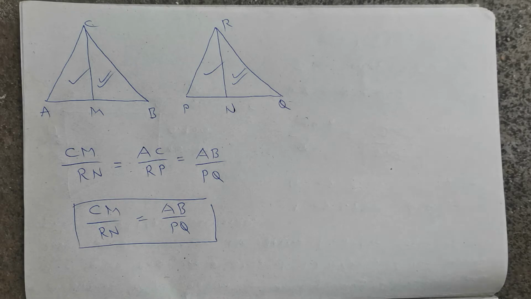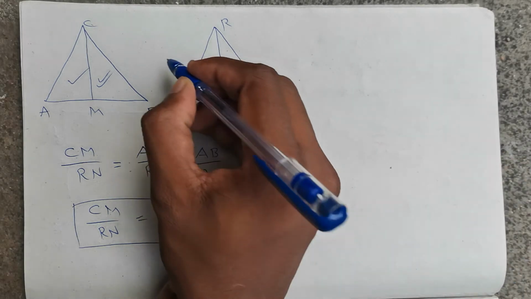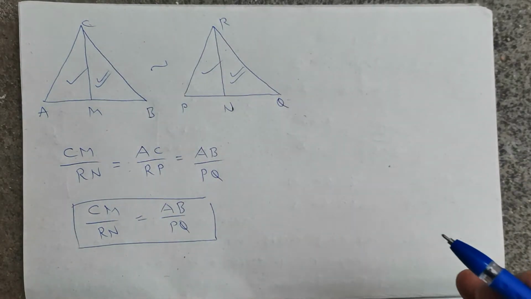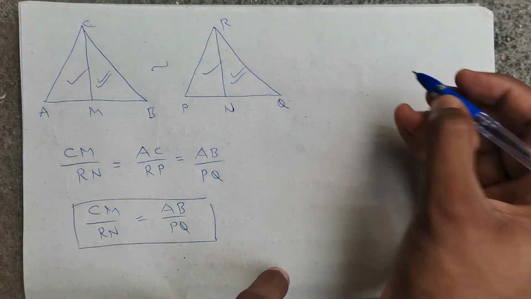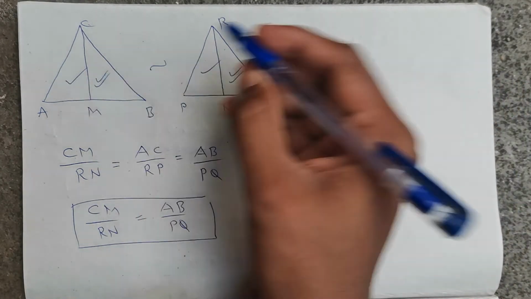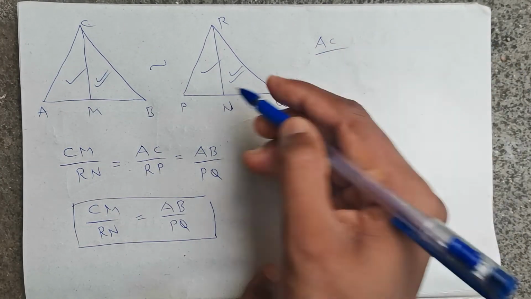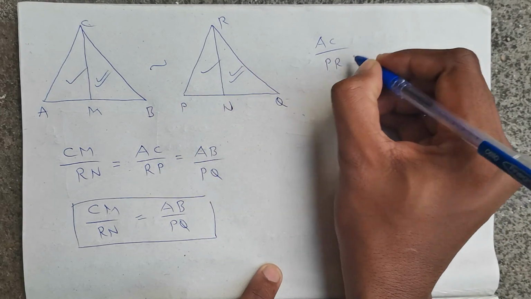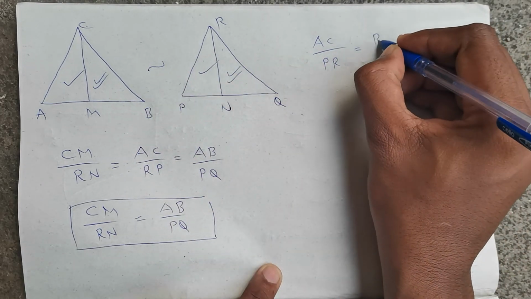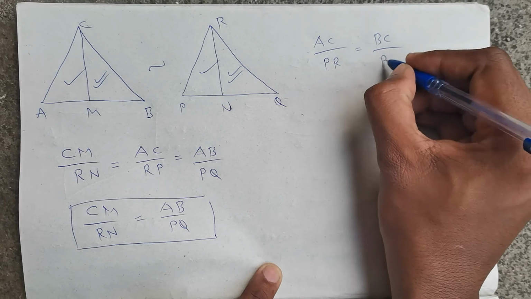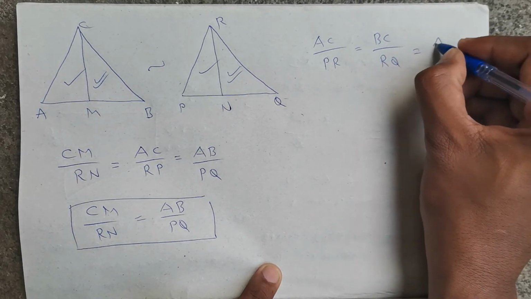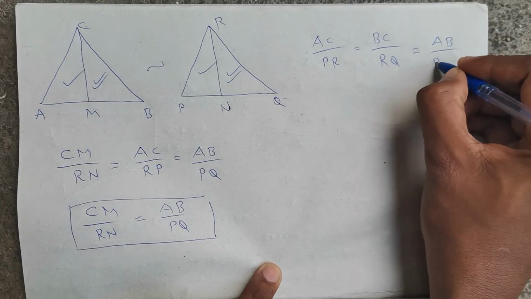So it's very simple again. Already he himself gave that these two bigger triangles are similar to each other. So from that we can conclude left side part AC divided by left side PR is equal to right side BC divided by right side RQ is equal to base AB divided by base PQ.